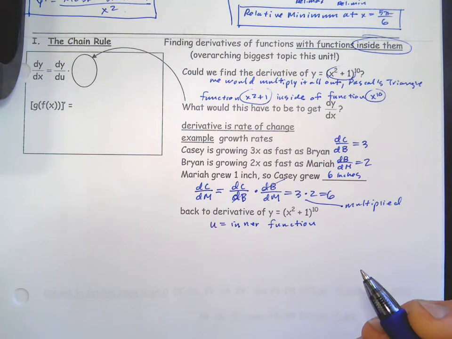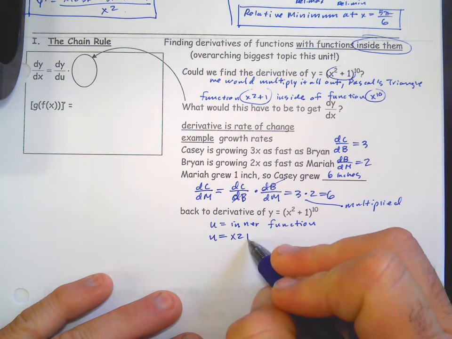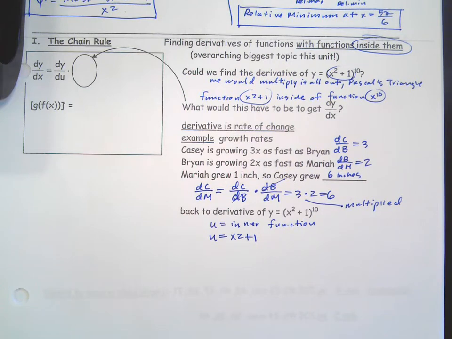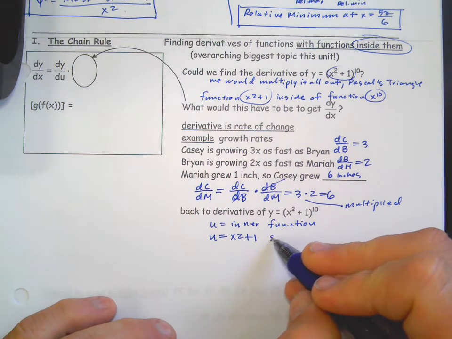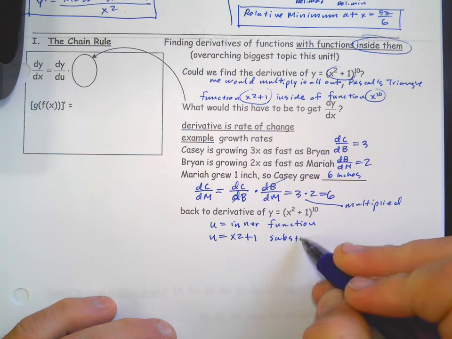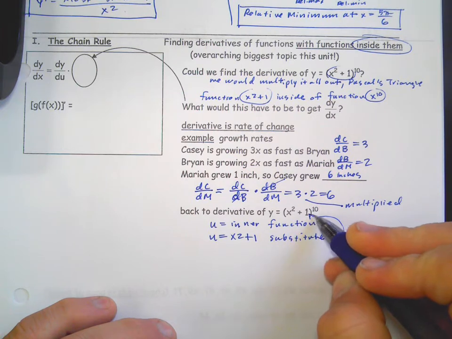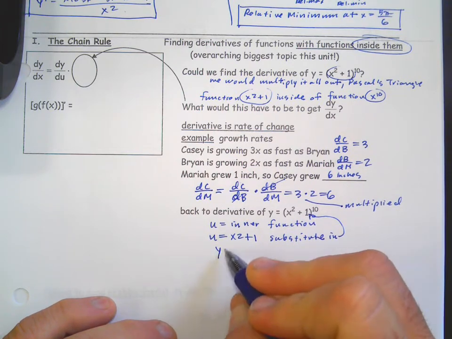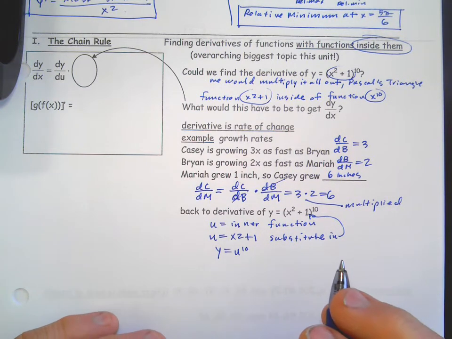This is a really common letter they like to use for this. We substitute it inside and rewrite it as y equals u to the 10th. So we're just changing the way we look at it, saying the inside is just this one letter.